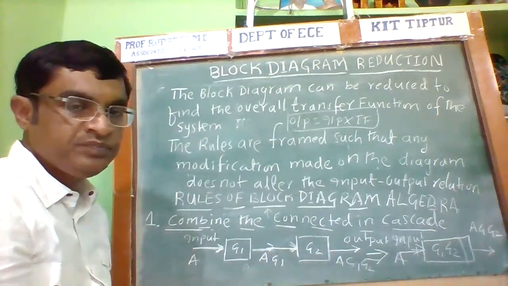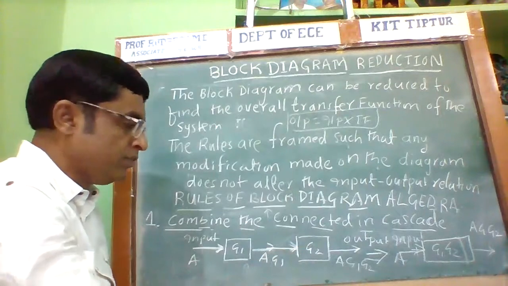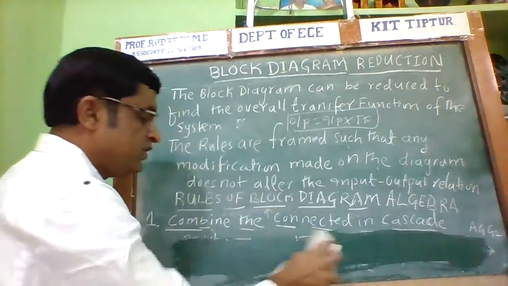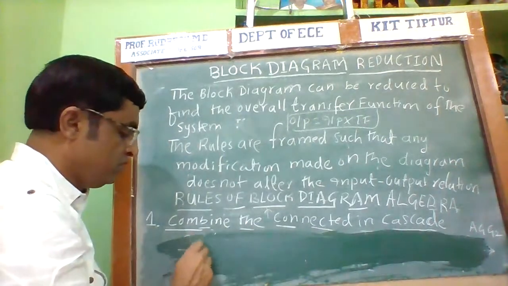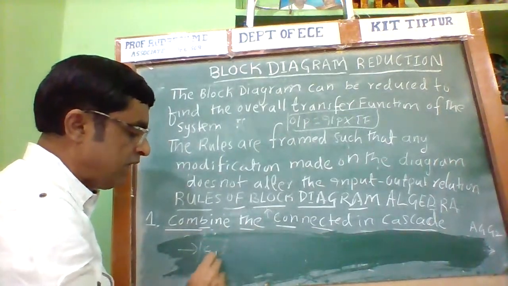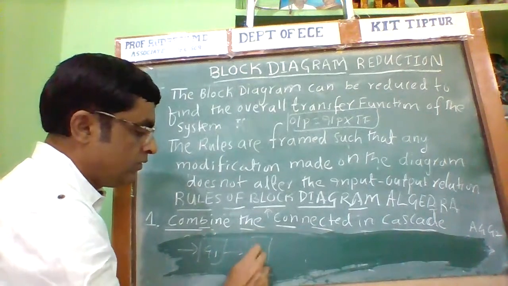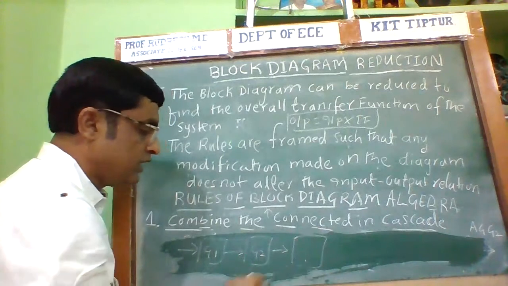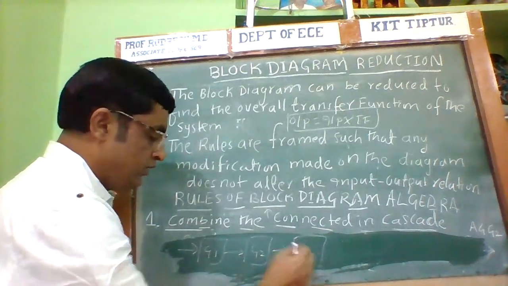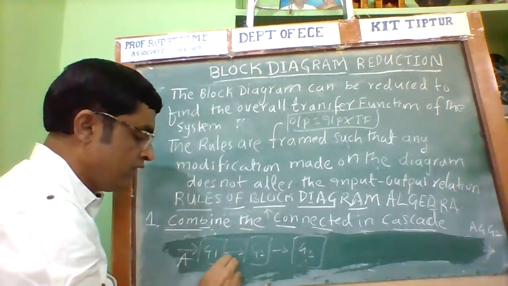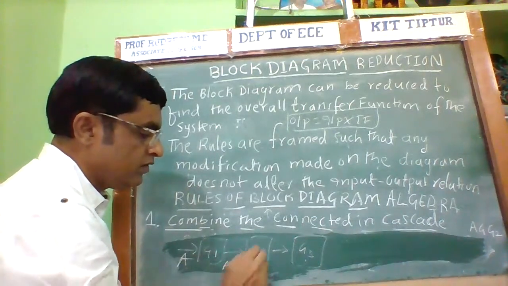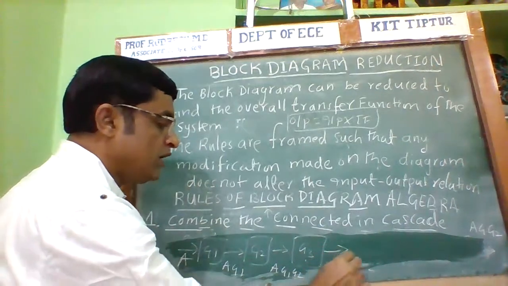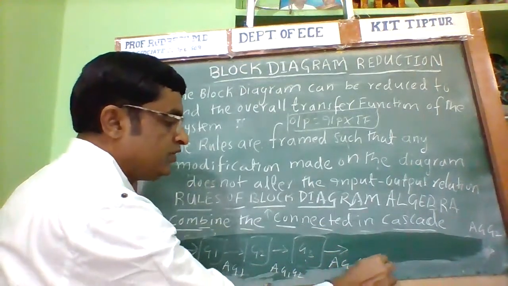Suppose the three blocks G1, G2 and G3 are connected in cascade. Now this is A, this is A into G1, this is A into G1 into G2, and the output is equal to A into G1 into G2 into G3.